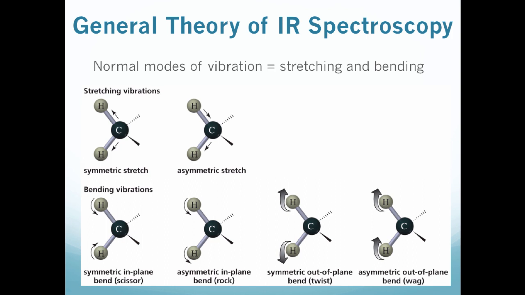But each of these different stretching or bending vibrations occur at a very discrete energy level. And when the frequency of the IR light that's coming through that molecule matches the frequency of one of these stretching or bending modes, IR light gets absorbed, and that's going to produce a signal on the spectrum. So just this CH2 in the molecule should actually have 6 different signals in an IR spectrum.